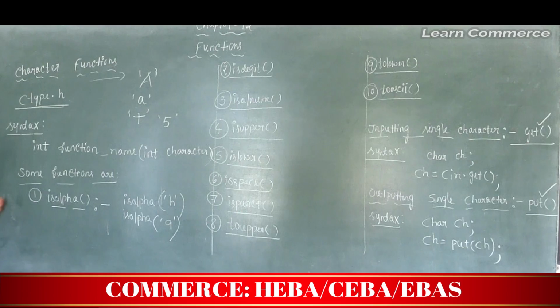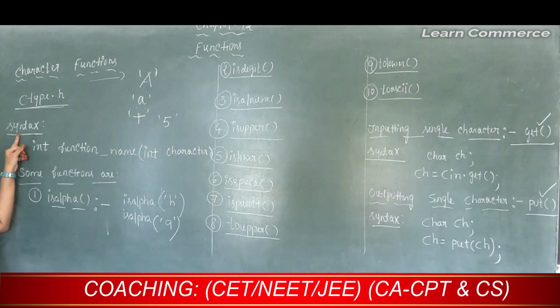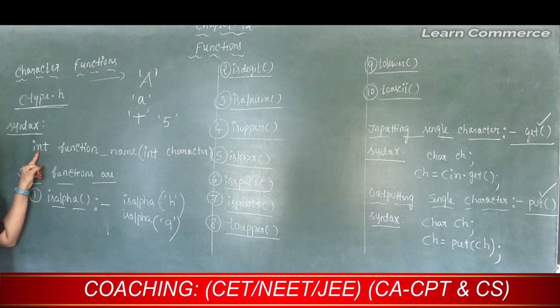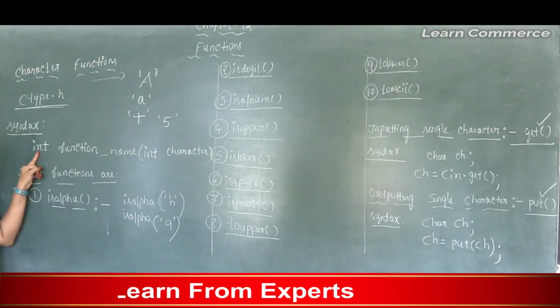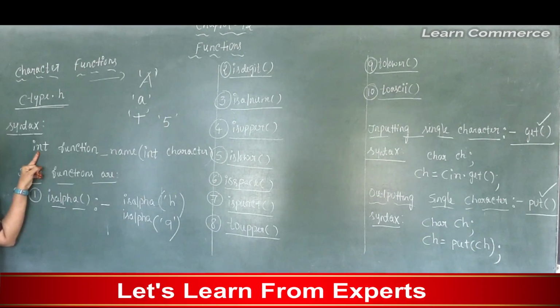Now let's go to the syntax. Maybe I want to write the character function, then how am I going to use it? So the general format or the syntax of the character function starts with int. As we know, any function or any variable is first declared by using a data type. The data type is int.